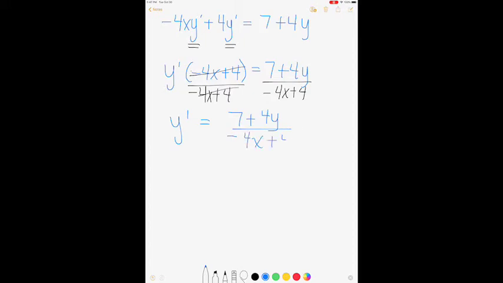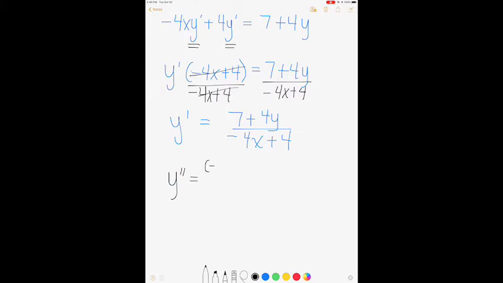All right, and that would be great if that was all they wanted, but they asked for the second derivative, so here we go again. Now with the second derivative, I'm going to have to do the quotient rule.